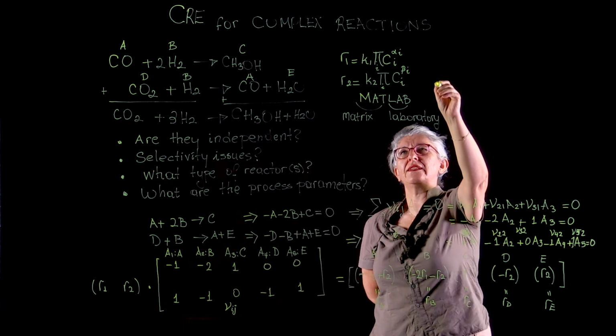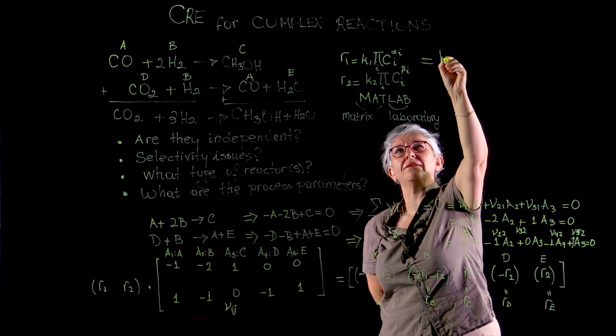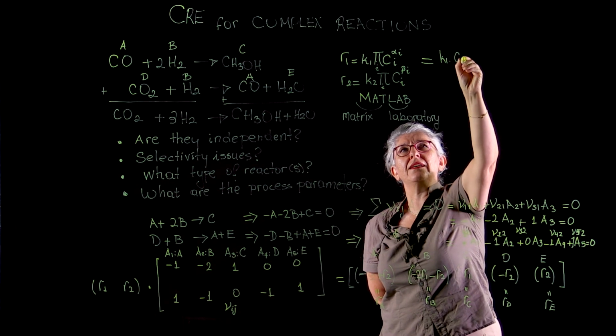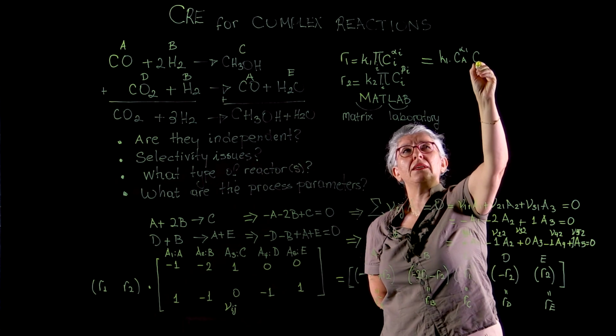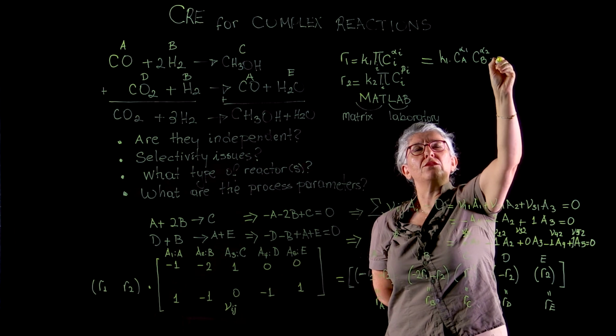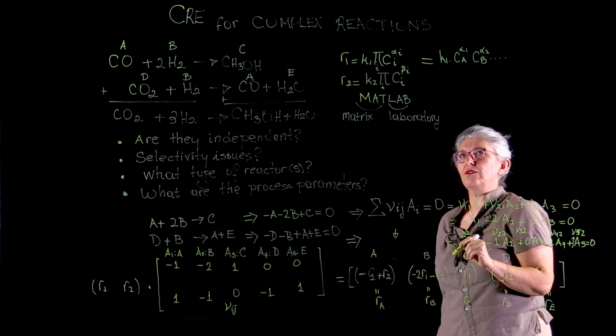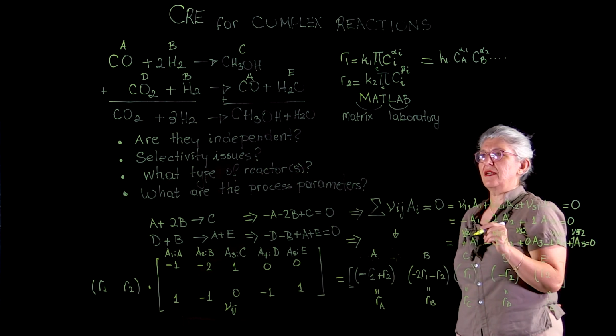When I do that, I mean something like this. This is K1, Ca to the alpha 1, Cb to the alpha 2, and so on and so forth. We don't know alphas. We don't know whether those reactions are elementary.